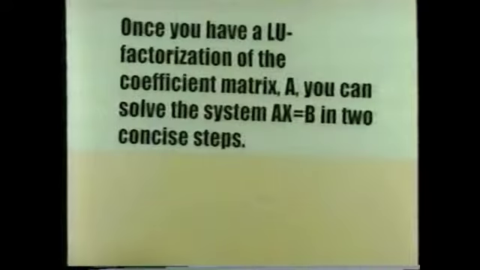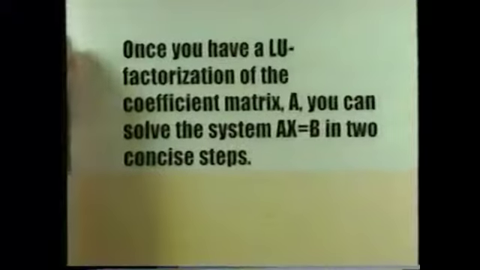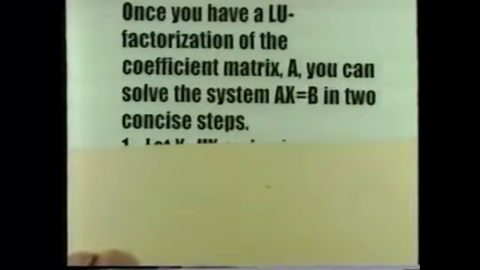Once you have the LU factorization on the coefficient matrix A, you can solve the system AX equal B in 2 concise steps. So before you can do anything else, you have to get the LU factorization.